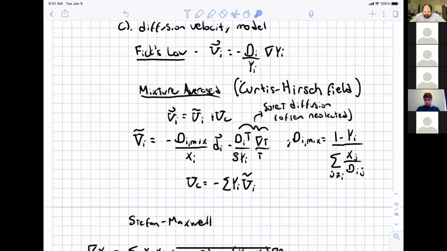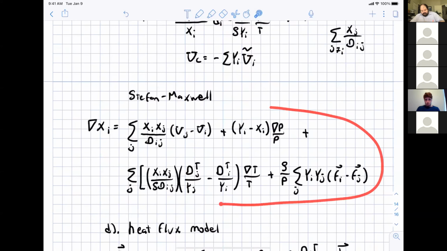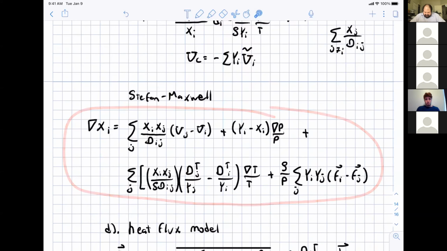Or you have the Stefan-Maxwell, where it uses the diffusion potential directly. Stefan-Maxwell, right here, is technically for an ideal gas. I have yet to find a paper that actually lists a version of this that's valid for real gases. I'm going to keep looking for one and maybe write that equation down later on.